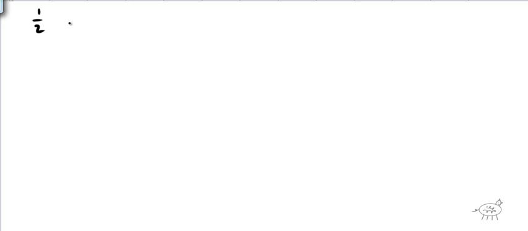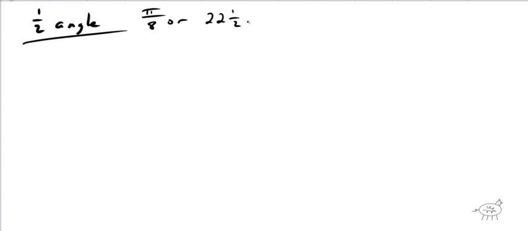So half angle. You recognize a half angle because it's going to be either pi over 8, or just think of half of 45 is going to be 22.5 degrees. So if it's half of 45, or if it would be like half of 135, so anything with a 45 degree reference angle, because pi over 8 is half of pi over 4.